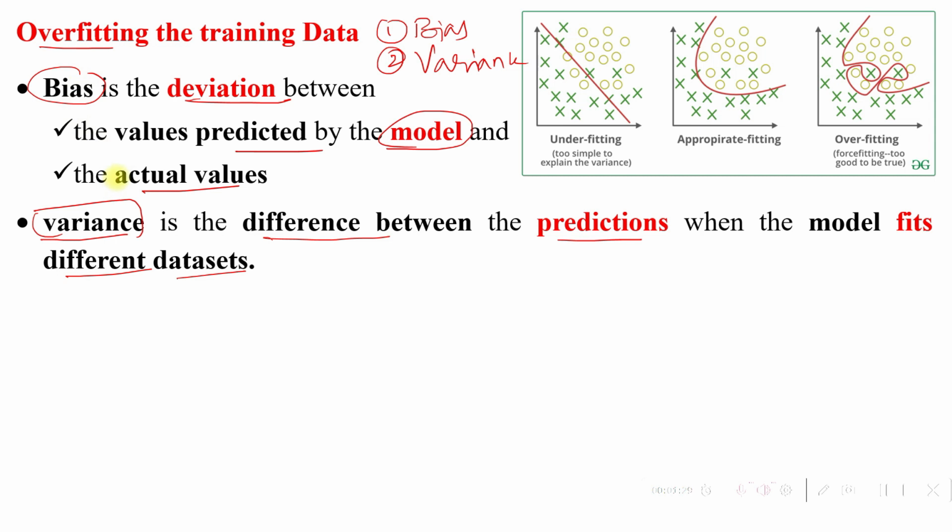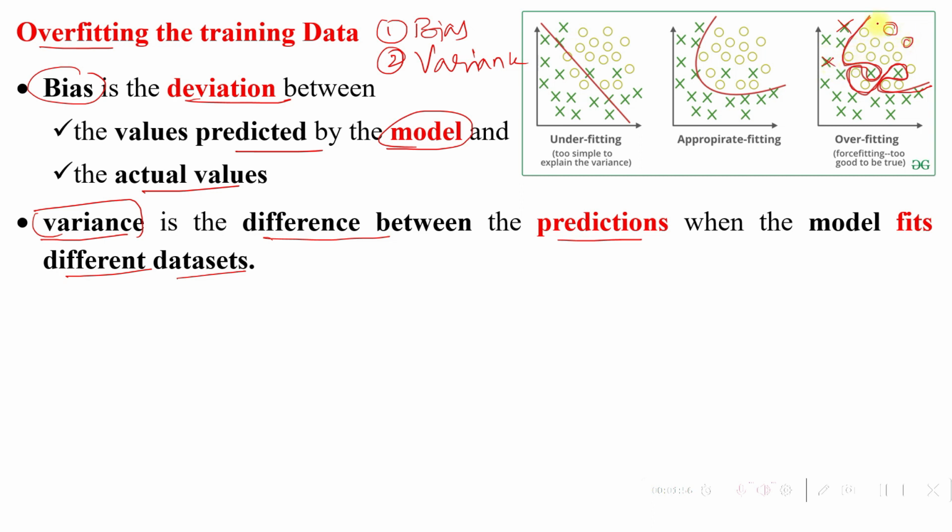For example, in this figure there are two types of labels: one is a circle and one is a cross mark. By using our training data, we can easily classify our data into two parts, one a circle and one a cross mark.